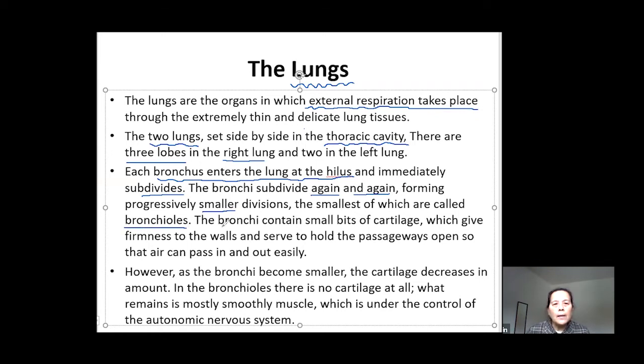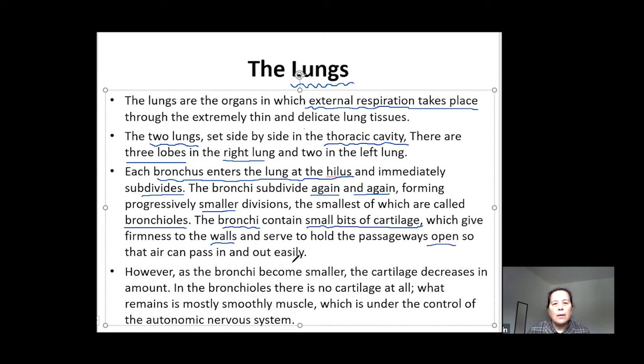The bronchi still have small pieces of cartilage forming the wall, pretty similar to the trachea. They hold the air passing through, but they are just a little bit smaller.